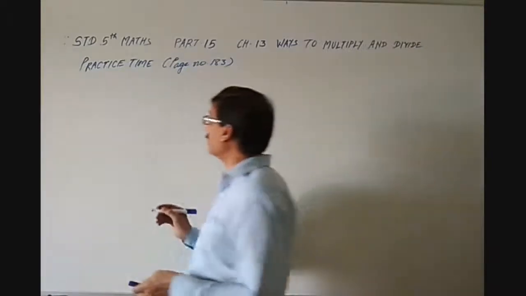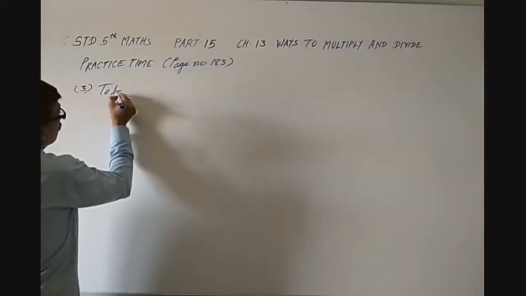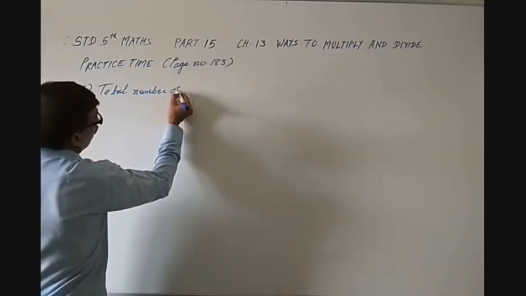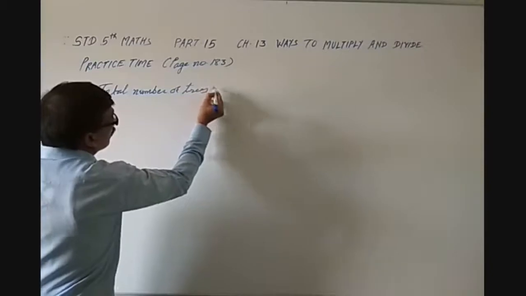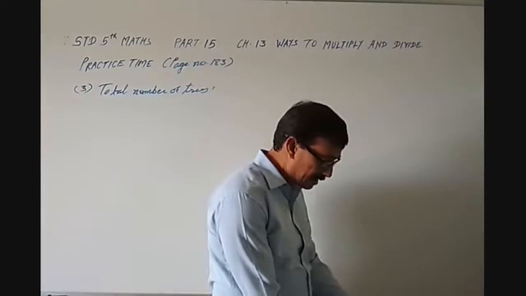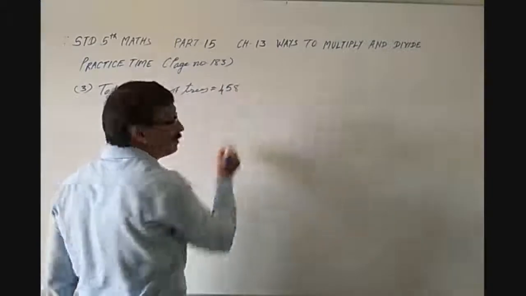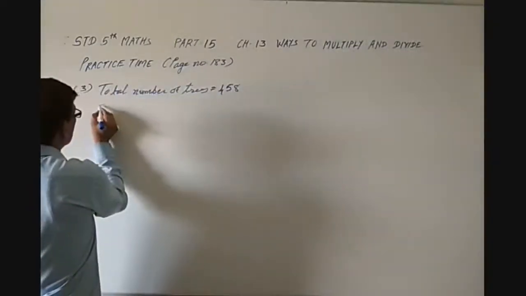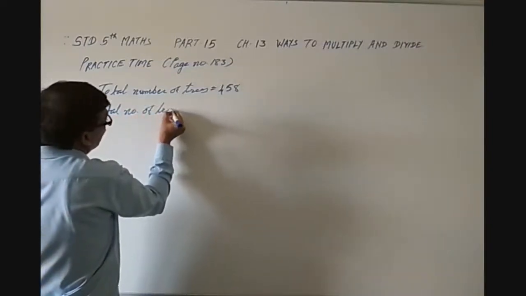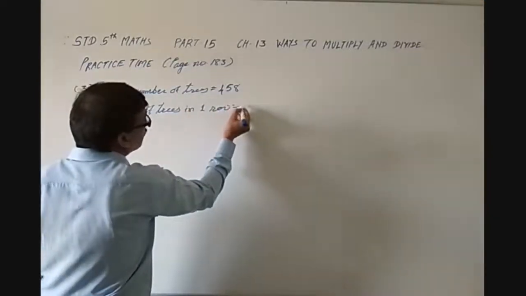See, total number of trees is equal to 458. Total number of trees in one row is equal to 15.